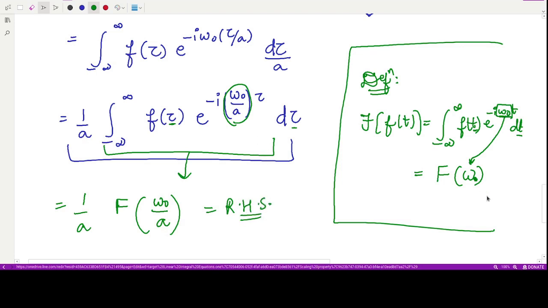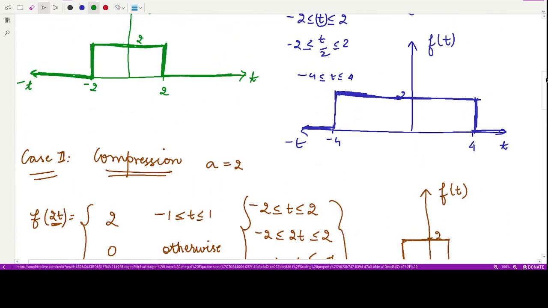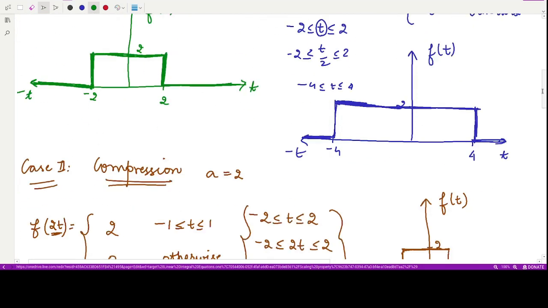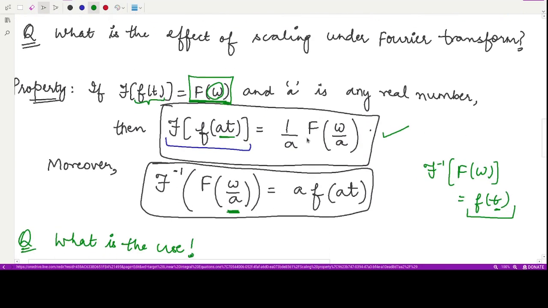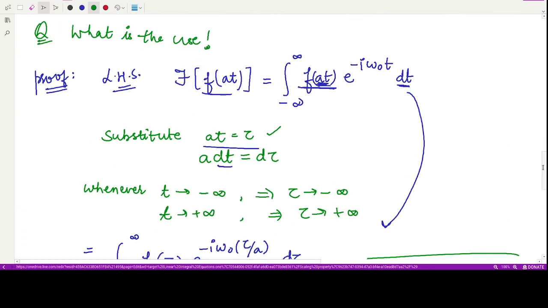We have used this definition of Fourier transform in order to reach here. So we have our right hand side as this one, 1 by a f of omega by a, right? So we have proved our result in this particular case.